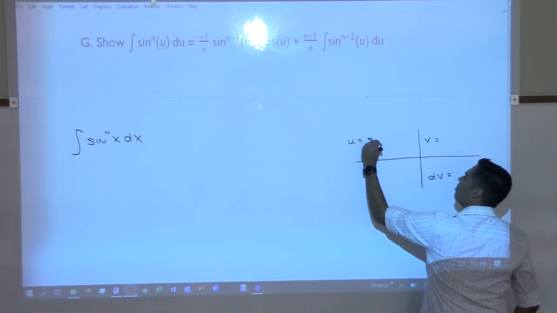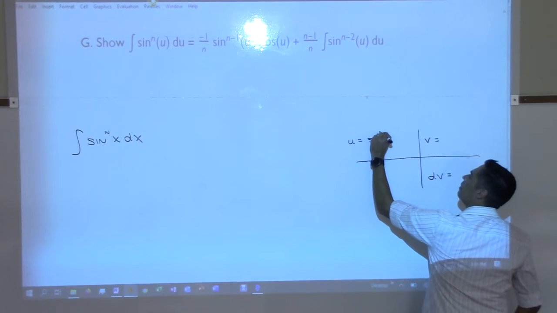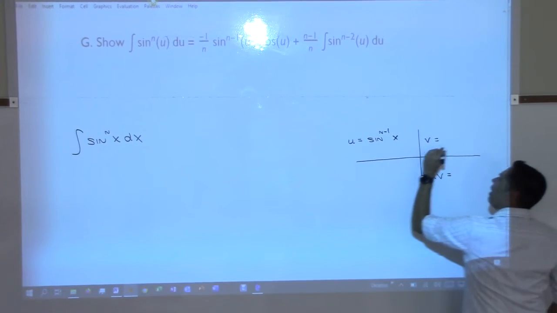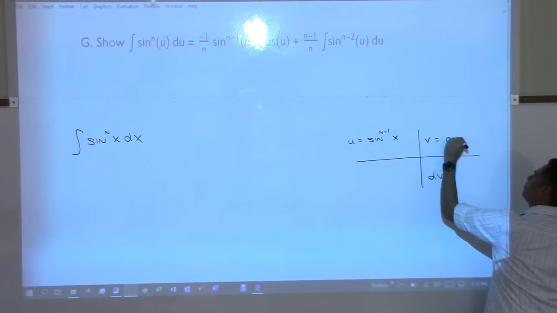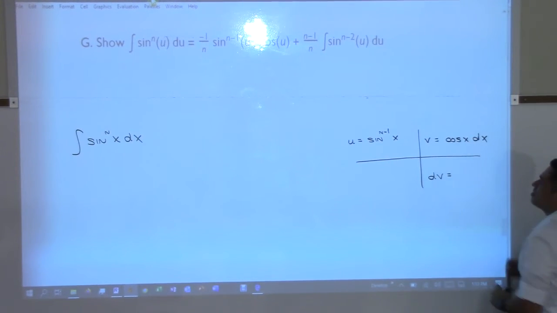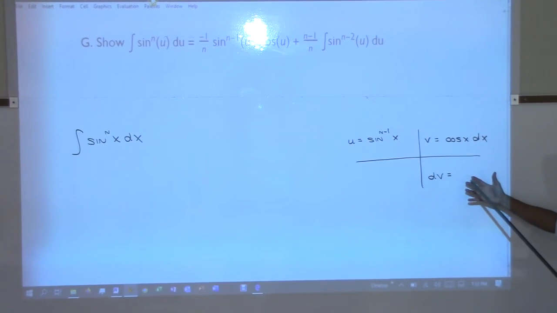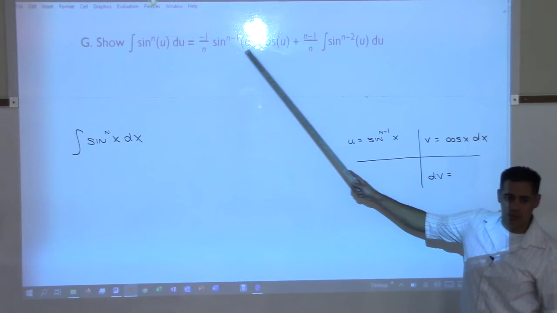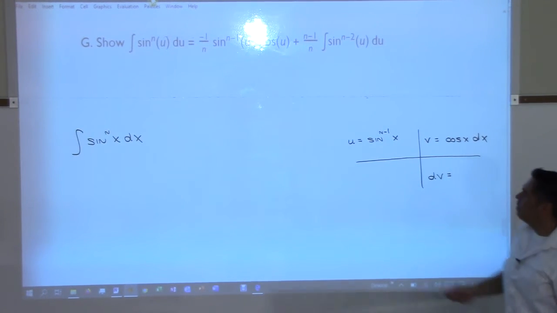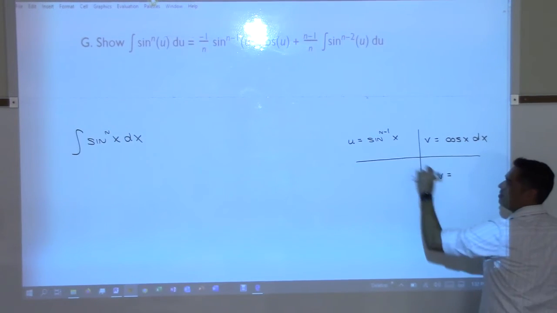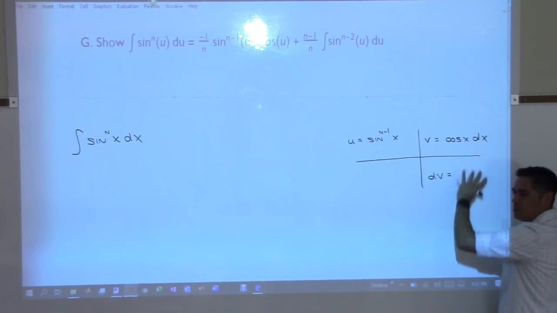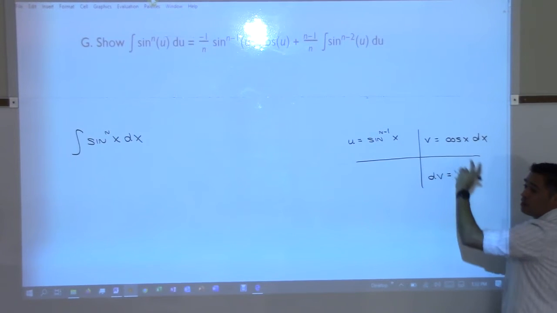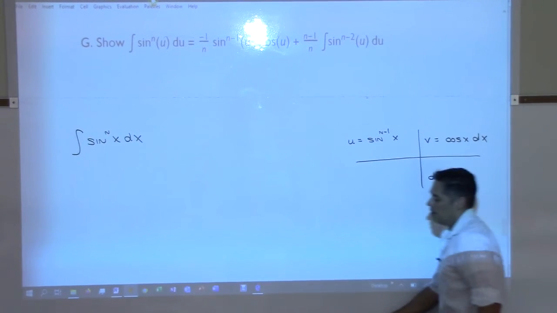Would you agree that this, and like that looks kind of like what our table should look like according to this, right? Do y'all kind of see that? Okay. Now, we still need to do our u and dv. I was just trying to get you to see we can use the formula to kind of help us.